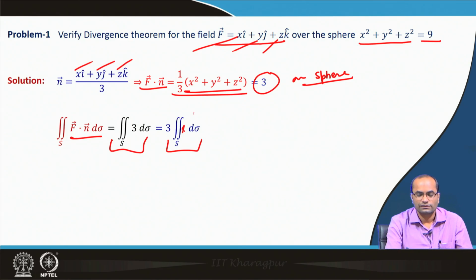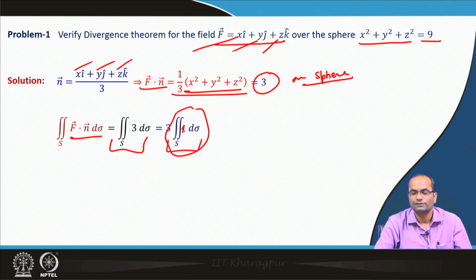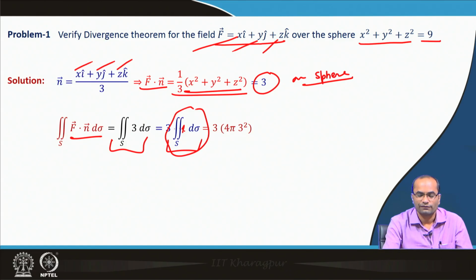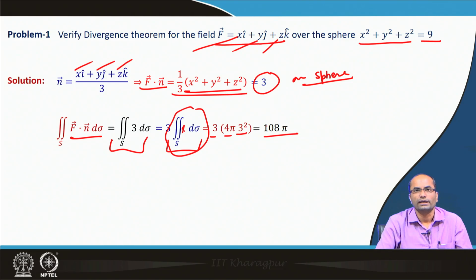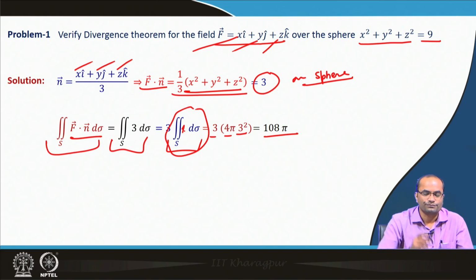So, that is just the surface area of the given surface, and we know the surface area of the sphere. So, we have 3 times 4 pi r square, r is 3, the radius of the sphere is 3. So, we got 108 pi for this surface integral.